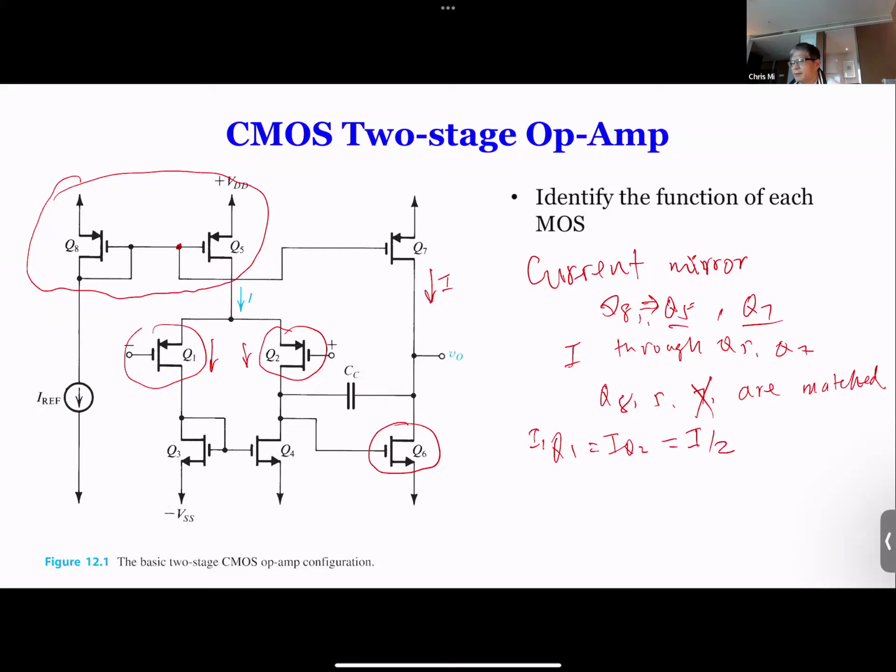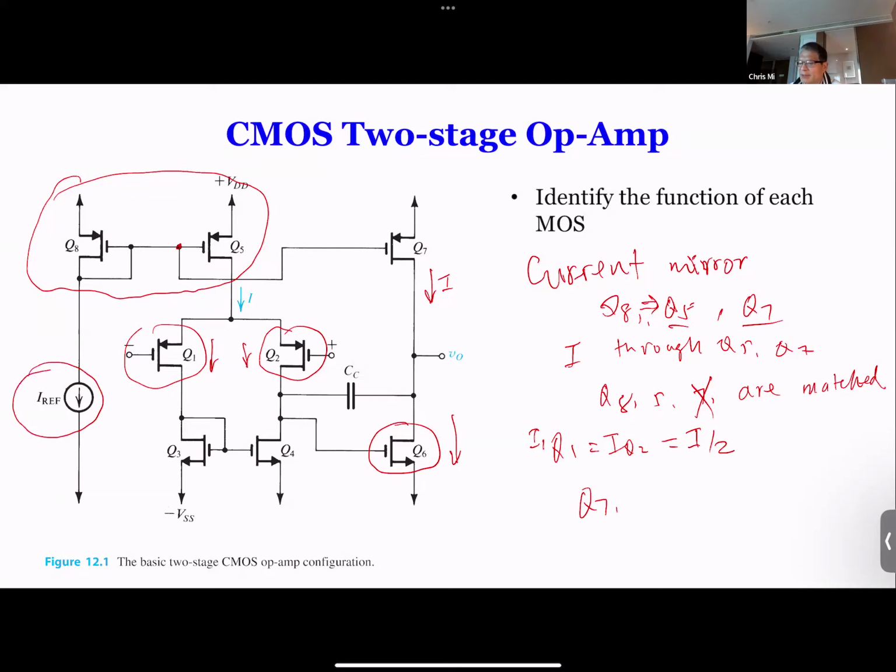So therefore, what do you want to do in Q6? This is really where you decide whether you want to bias at I, or at 1/2 I, or at 2I, whatever that is going to be. That determines whether Q7 may or may not be matched. So now we identified the current mirrors. In the current mirror, we also have a current source, R reference.